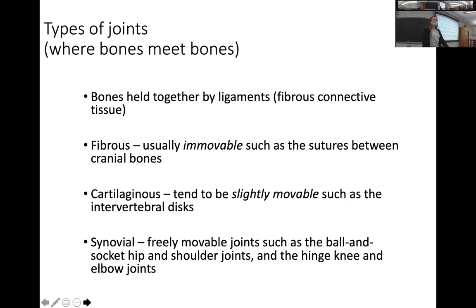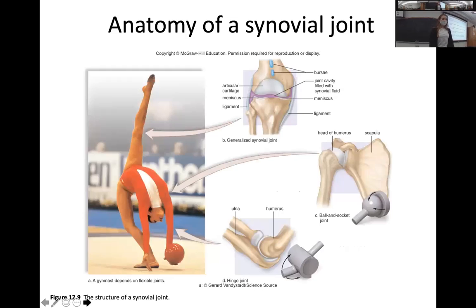Then you have your synovial joints, and these are the mainly freely movable joints, such as the ball and socket joints in your hips, your shoulder joints, and the hinge at your knee and elbows. And there's different types of those synovial joints, which we don't really go into, but there's an image here on the next slide.